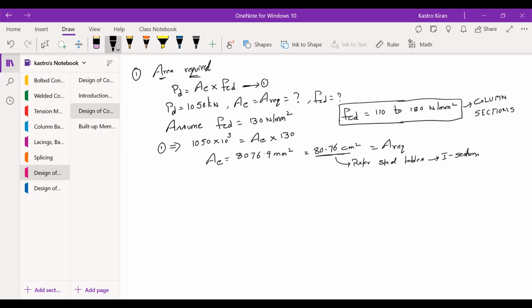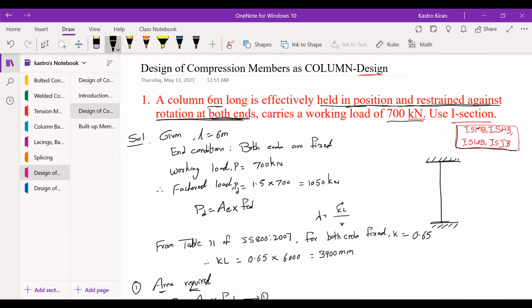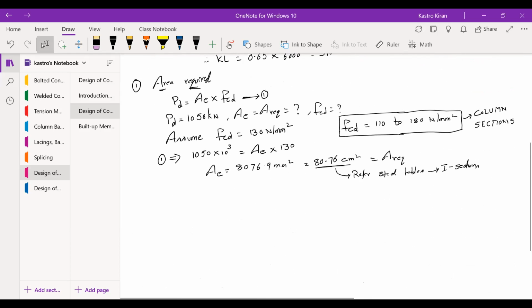As I told earlier, in I sections, you have different categories, that is ISMB, ISHB, ISJB, ISWB, right? And ISLB. These are the 5 sections which are available for us.